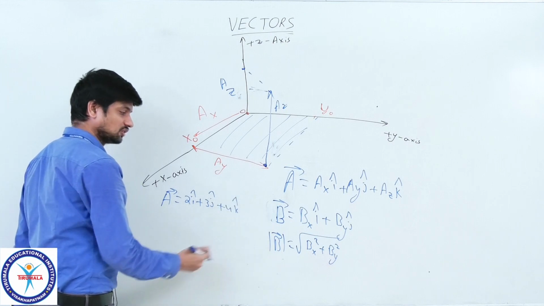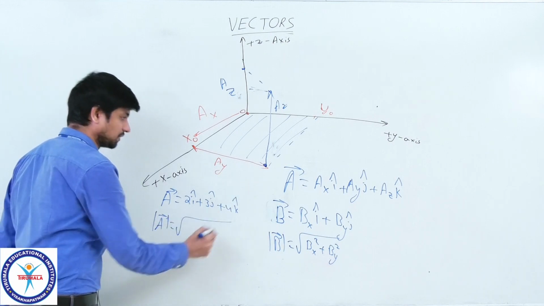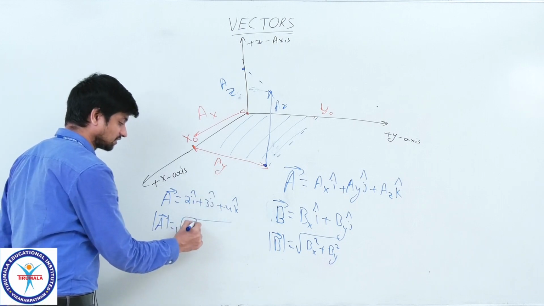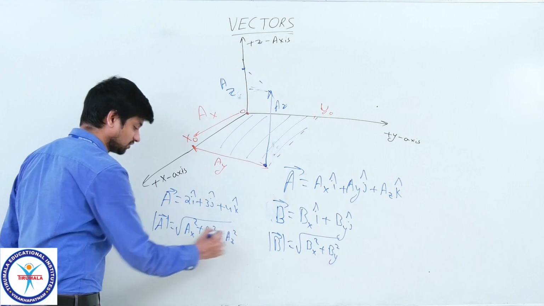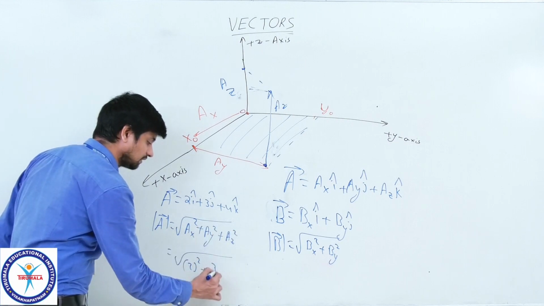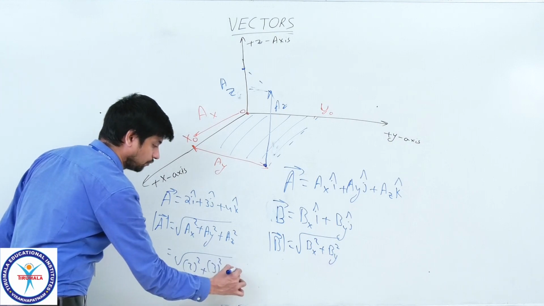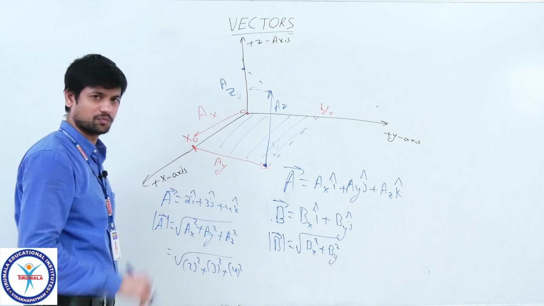So, if any vector is given in 3 dimensions, that means one vector A bar is 2i plus 3j plus 4k. So, apply the same formula, magnitude A bar equal to root of Ax square plus Ay square plus Az square. That means children, 2 square, 3 square, 4 square. In this way you can calculate any vector if you have been given.